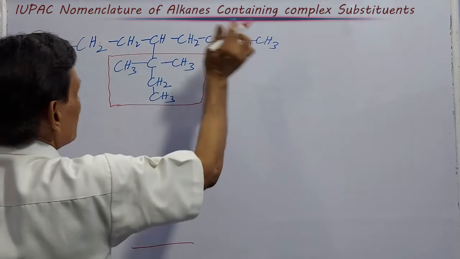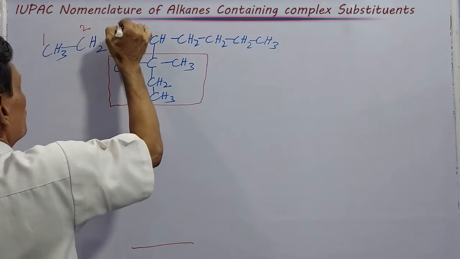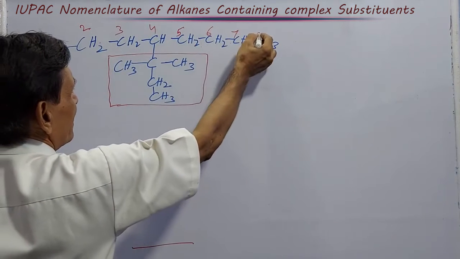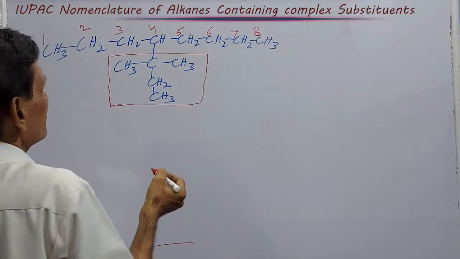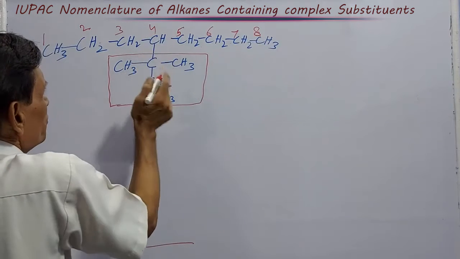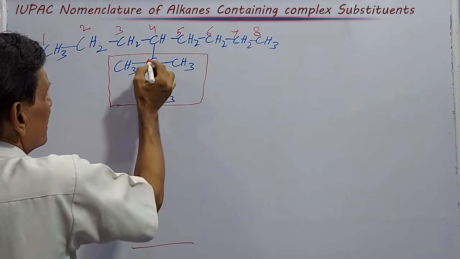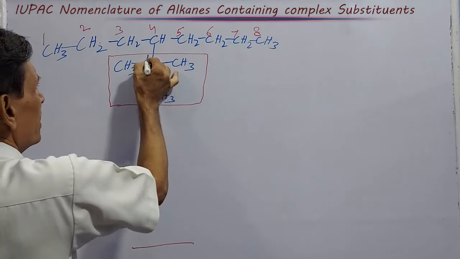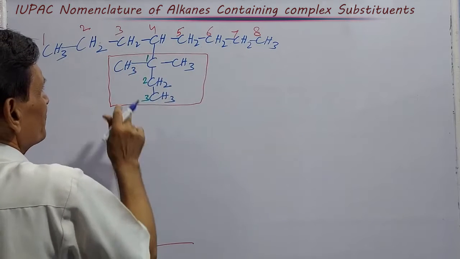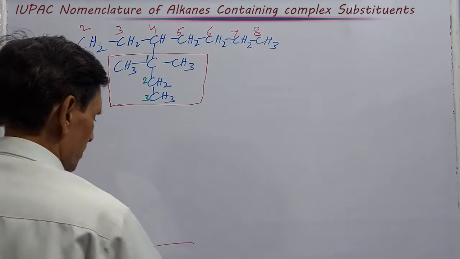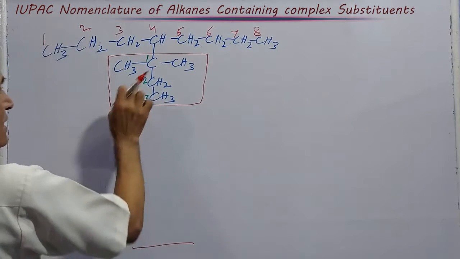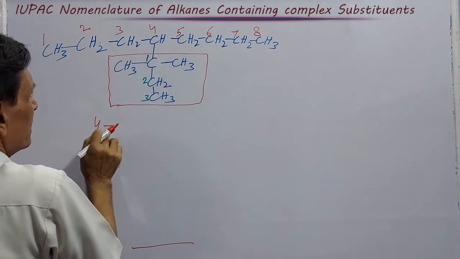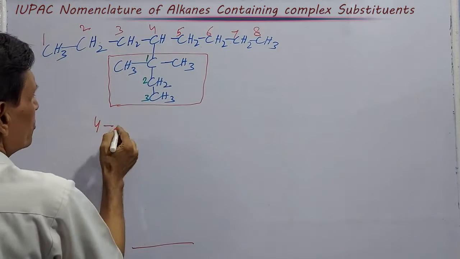First you see the longest chain: 1, 2, 3, 4, 5, 6, 7, 8. Now here on the fourth position, a complex substituent is present. This one is numbered separately: 1, 2, 3. The first carbon is further substituted, and this is why on the fourth carbon there is a complex substituent.